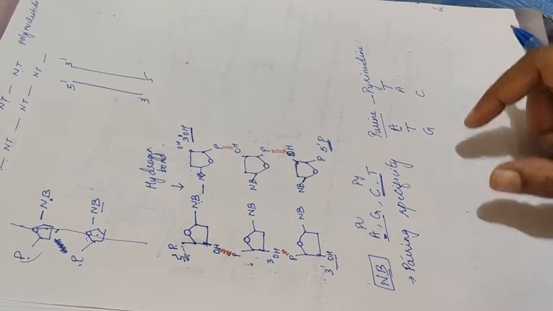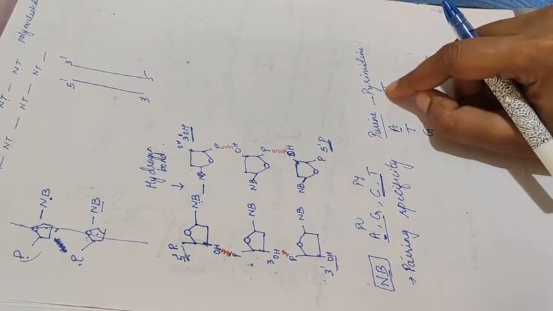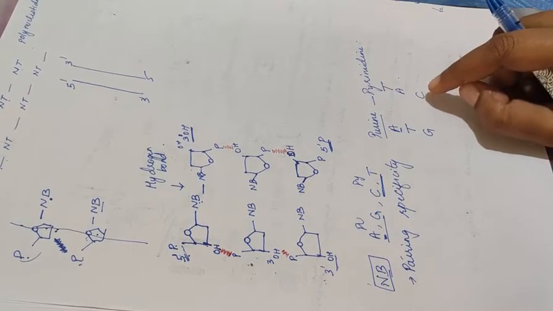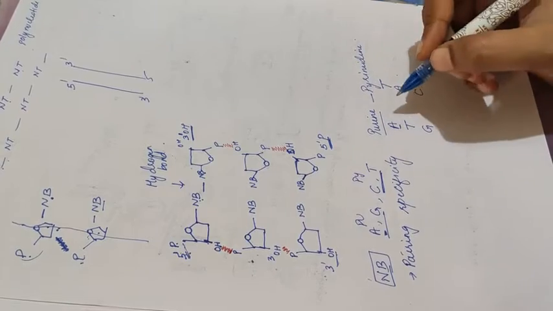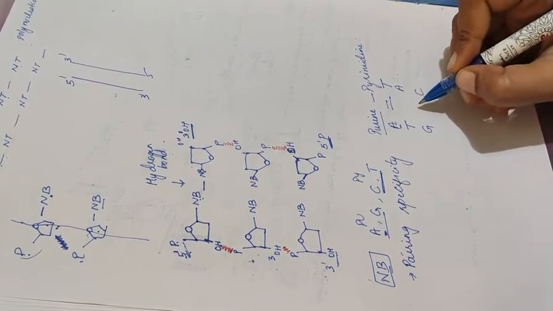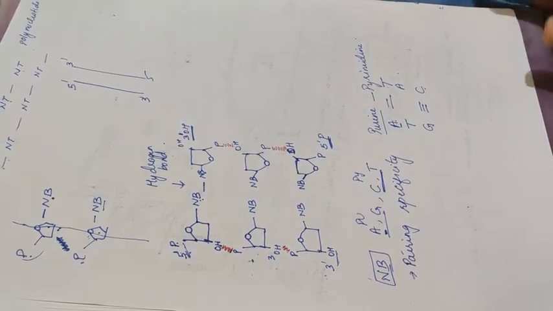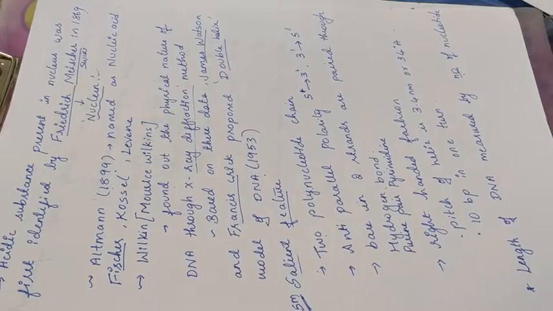This is called specificity: adenine always pairs with thymine and cytosine always pairs with guanine. And there are 2 hydrogen bonds between A and T and 3 hydrogen bonds between C and G. Am I clear with this point?